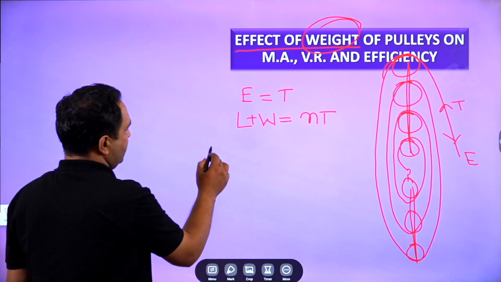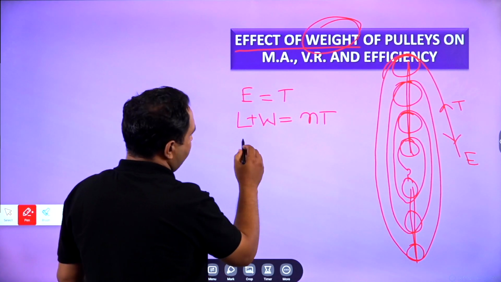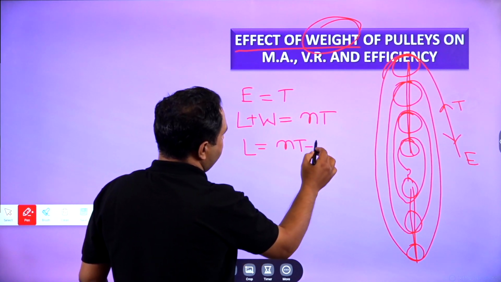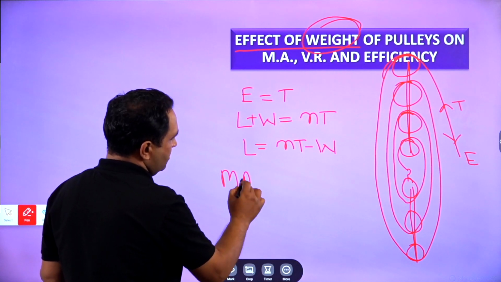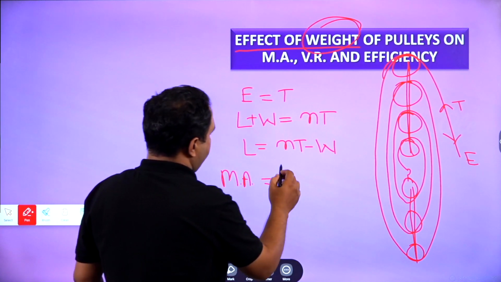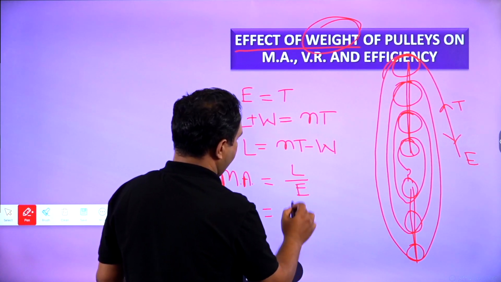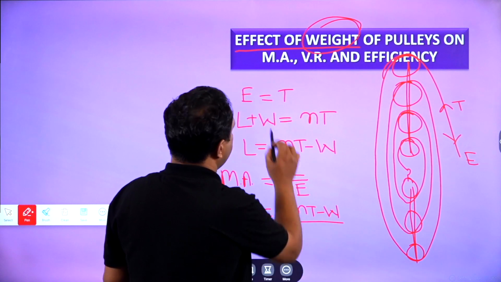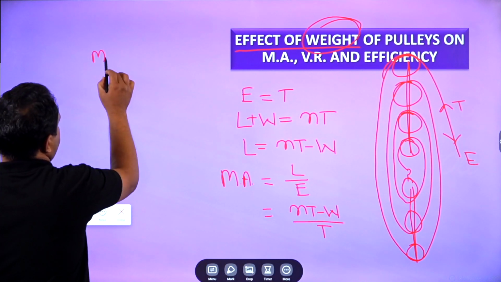Now, what will be the value of mechanical advantage? So before calculating that, we can calculate the load is equal to NT minus W. Okay, so mechanical advantage is equal to load upon effort. Load is equal to NT minus W upon effort is equal to T. So how much mechanical advantage we will get?